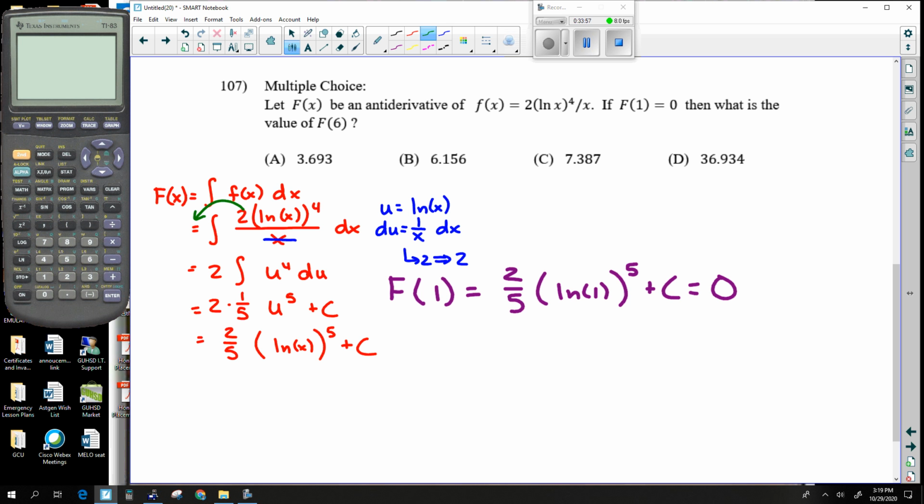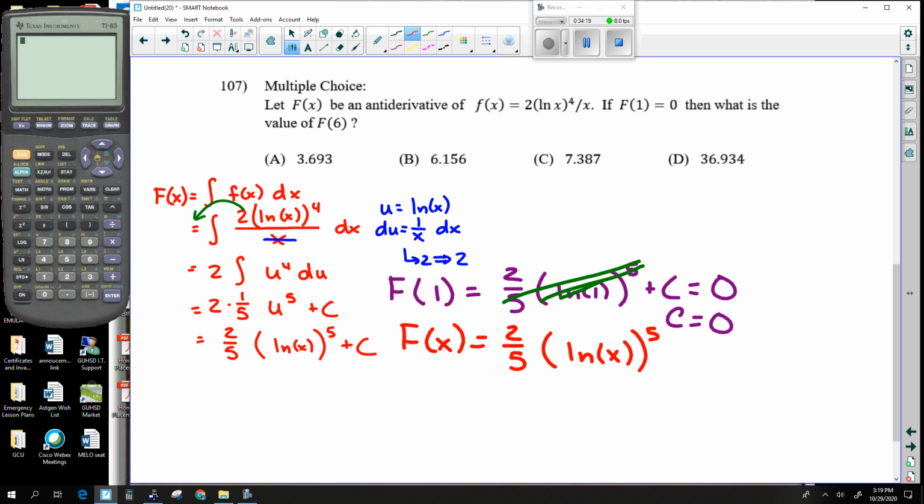So again, ln of 1 is 0, making c equal to 0. So that updates my F function to be just straight up 2/5 of ln of x to the 5th.